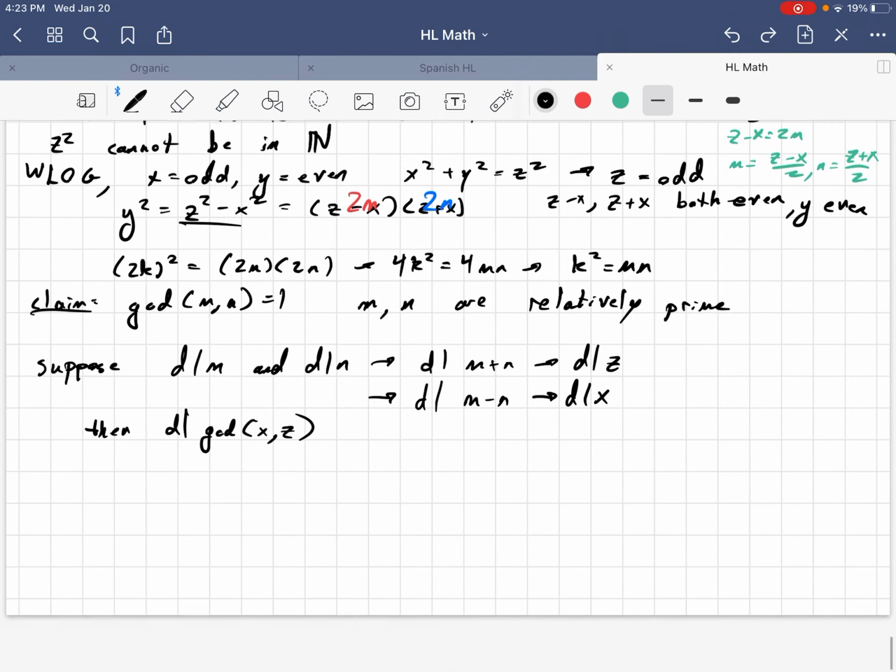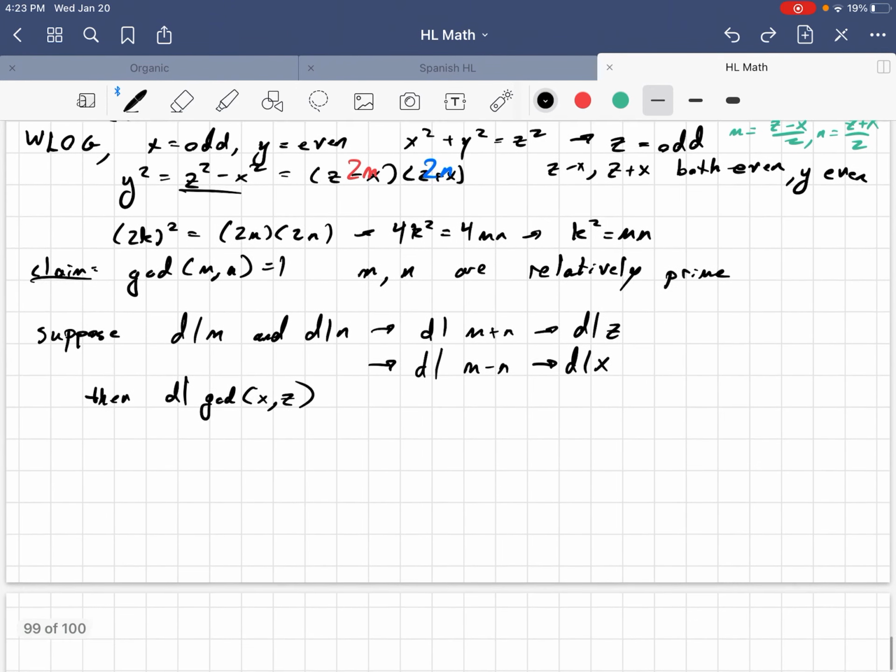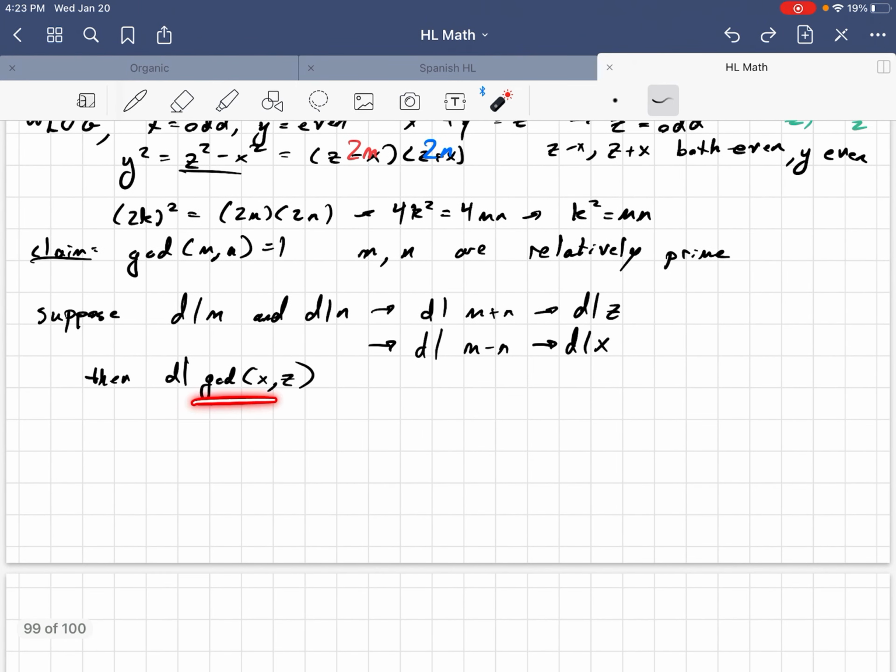Now I will show, as a sub-lemma here, that the GCD of x and z is indeed 1. So that would mean that d would have to divide 1. If we're thinking with natural numbers here, that implies that d has to be equal to 1. And so the greatest common divisor of m and n is 1.